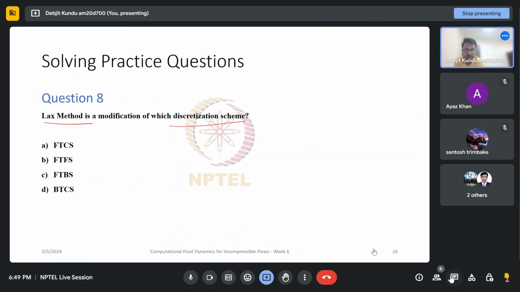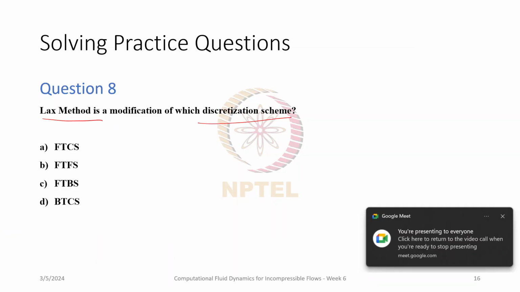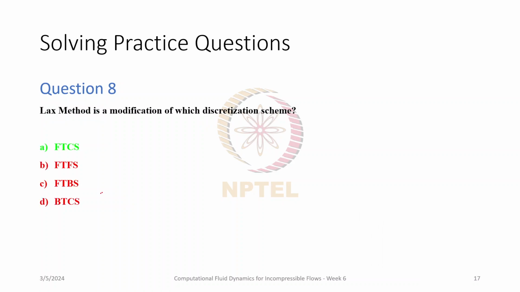Okay, we have a few quick responses in favor of option A, that is the FTCS scheme. Let's have a look at the solution. It's actually option A, FTCS. We discussed this in one of the previous slides as well, but I will show this again.